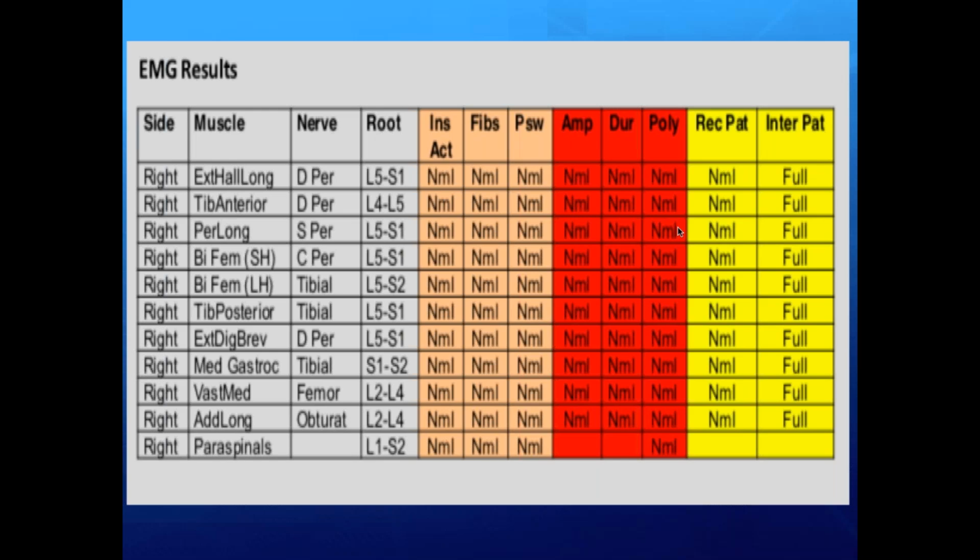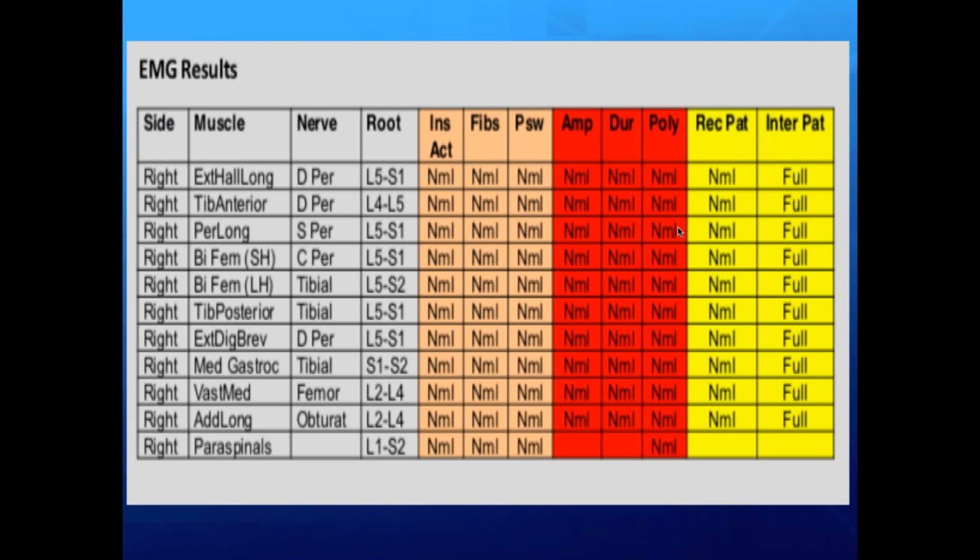They give us information about the chronicity of the injury, because if the motor units are changing, whether getting bigger or smaller, wider or narrower, or becoming multiphasic, that's a sign that reinnervation, regeneration, or collateral sprouting is taking place. So those are signs that the injury is in a more chronic phase.